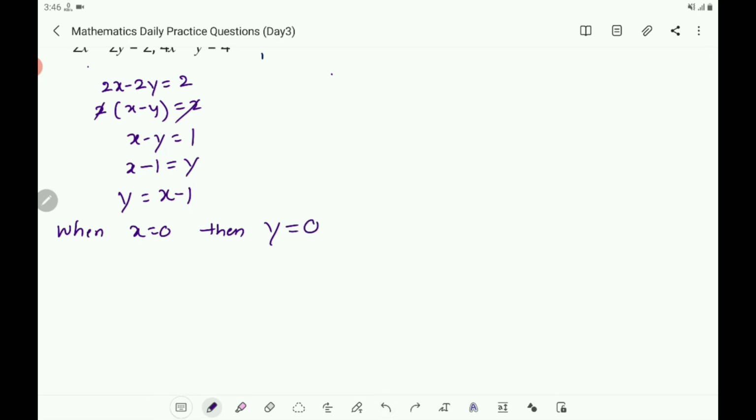So you write 0 minus 1 equals minus 1. Now you take when x equals 1, then y equals 1 minus 1, that is 0. Now you take x equals 2, then y equals 2 minus 1, that is 1.